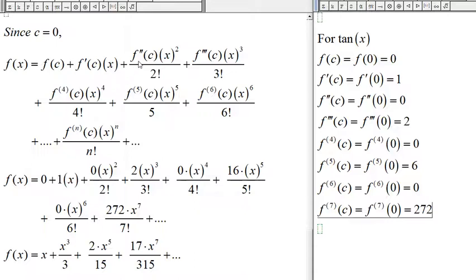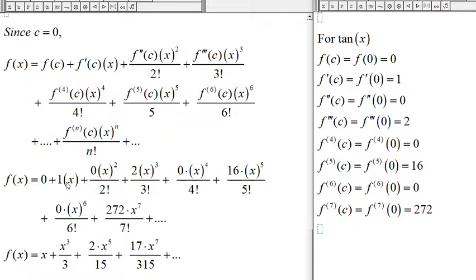The second derivative at c is 0. The third derivative is 2. The fourth derivative is 0. The fifth derivative we got 16. And then the sixth derivative is 0. And then the seventh derivative is 272.